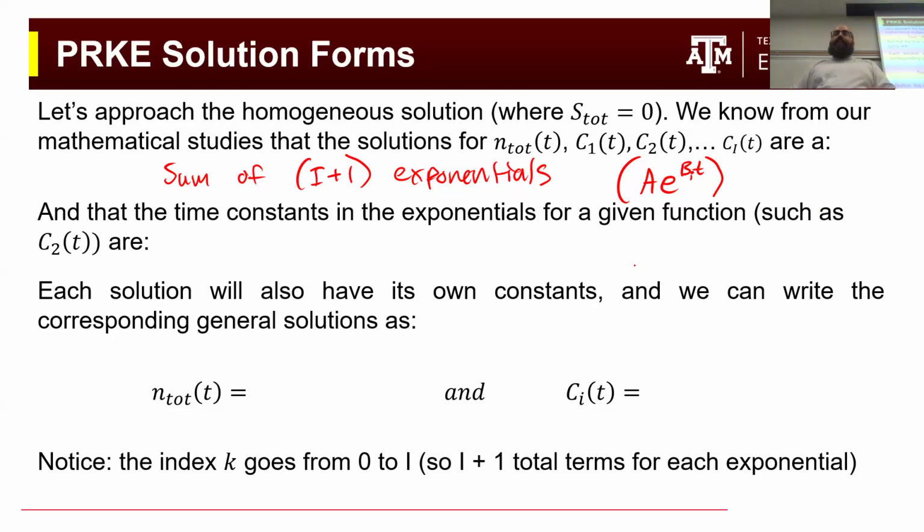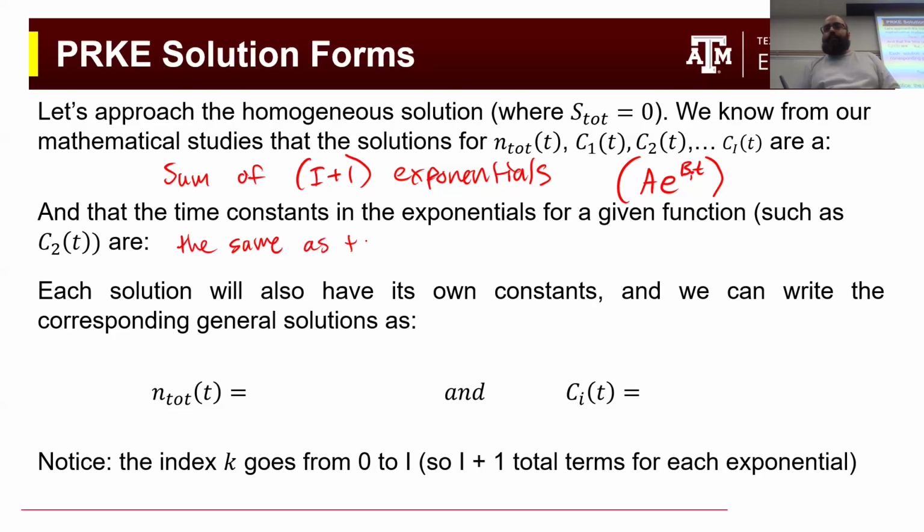This is the general form for each of these solutions, and the time constants in the exponentials, these little b_i's, are always going to be the same for every different function that we're trying to find.